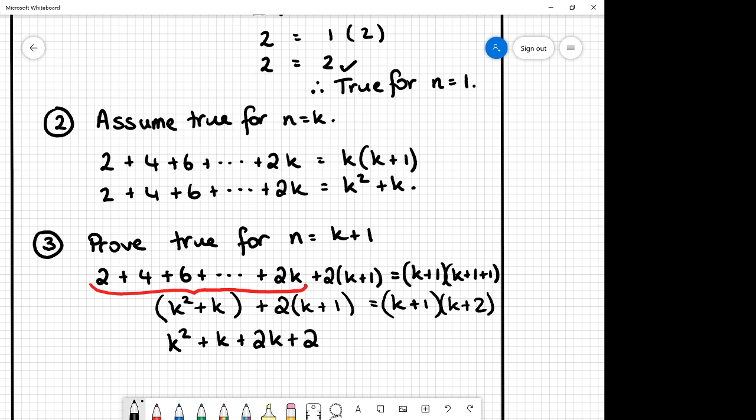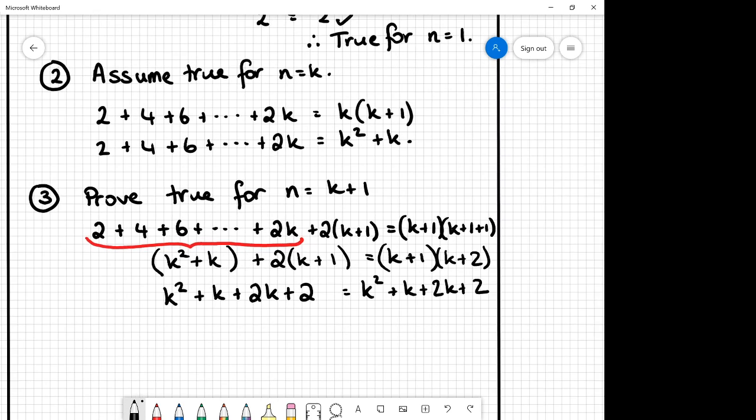And if we multiply this out, we've got k squared plus k plus 2k plus 2 is equal to, if we multiply out the two brackets on the right hand side, k squared plus 3k plus 2.